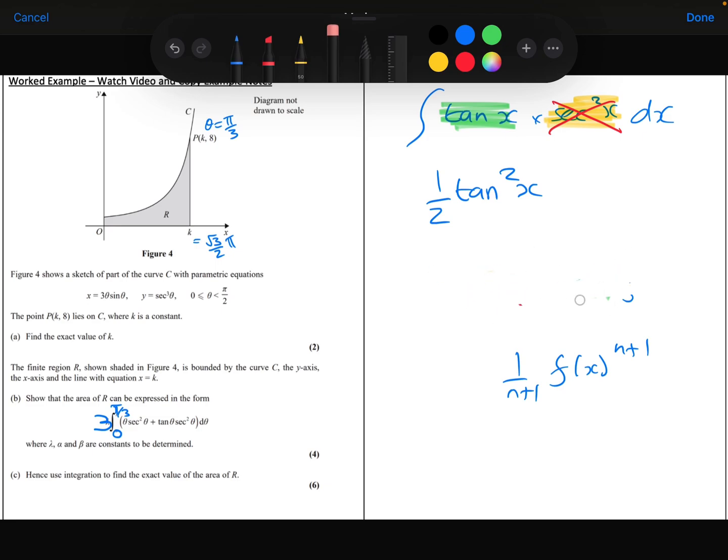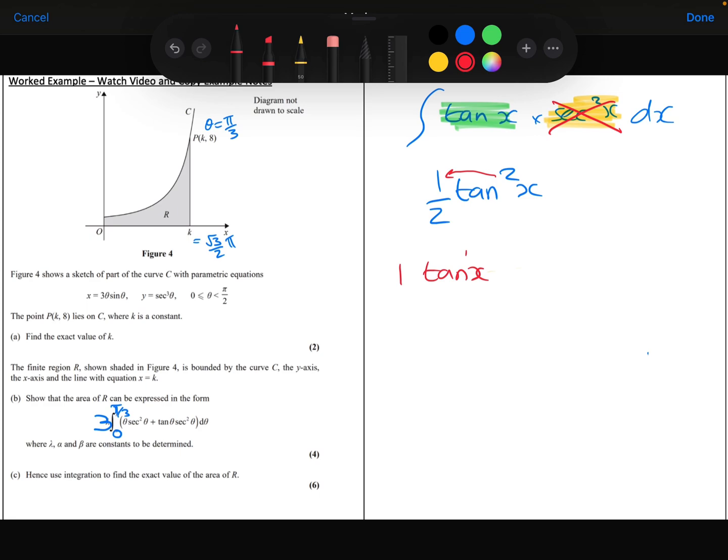Just to confirm that you are happy with that, let's differentiate my half tan squared and show that we do get back to that same tan x sec squared x. So if I were to differentiate this, I would first differentiate the outside function, which is the squared part. So I'd do 2 times a half, which is 1. I would take 1 away from the power, so the power would now be 1.